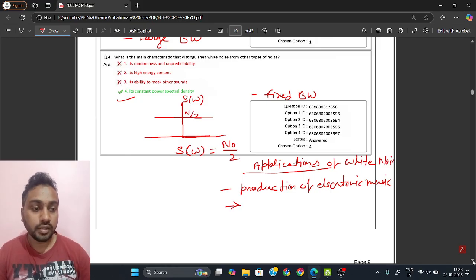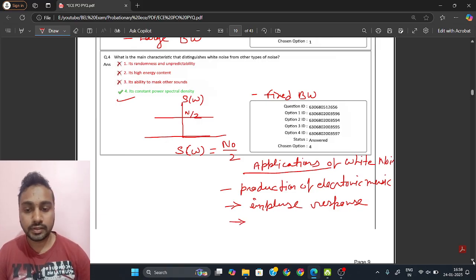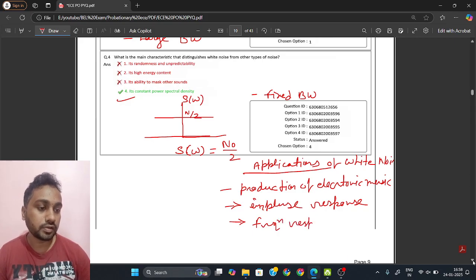It generates impulse response, and it is used for frequency response testing. Okay, just remember these points.